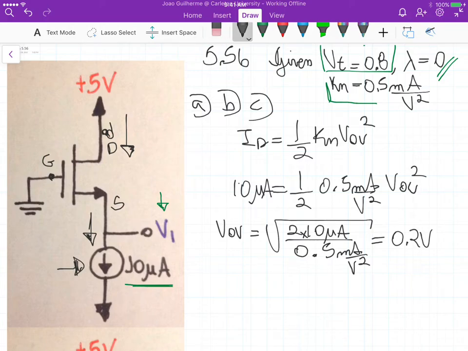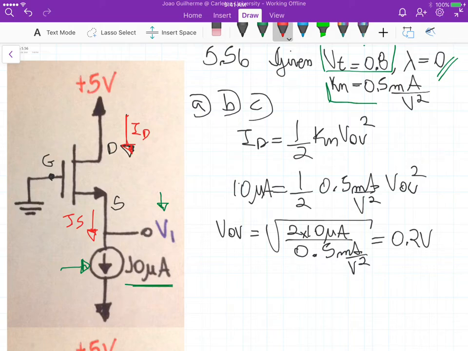Okay, so just remember that this current source here forces the current flowing up here and down here to be those 10 microamps. Here is ID, here is IS, but as we know, for the MOSFET, ID is equal to IS.